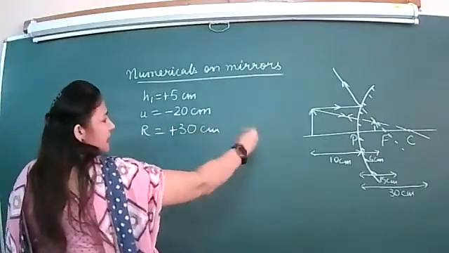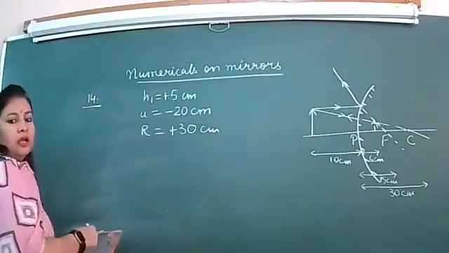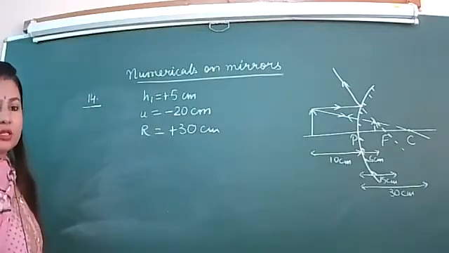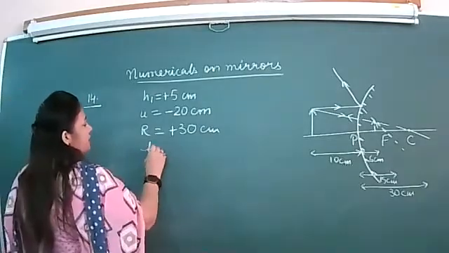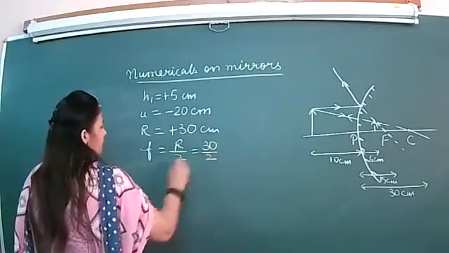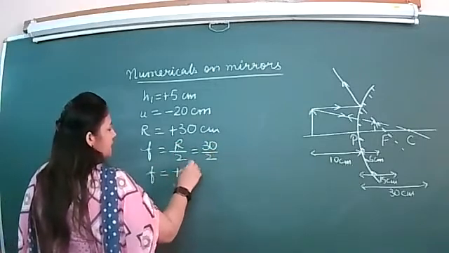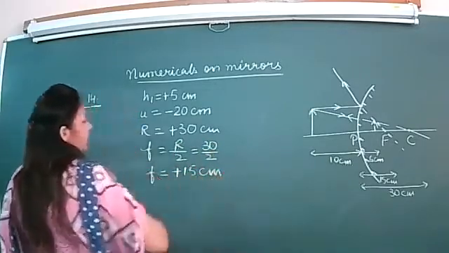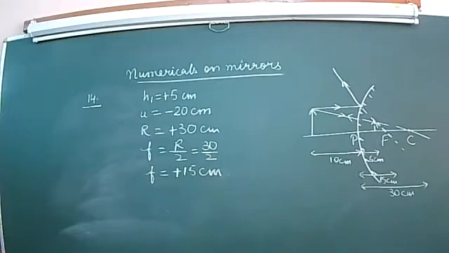You can see that its center of curvature is on the right side. So radius of curvature will be positive and hence focal length will also be positive. So focal length is plus 15 centimeters.